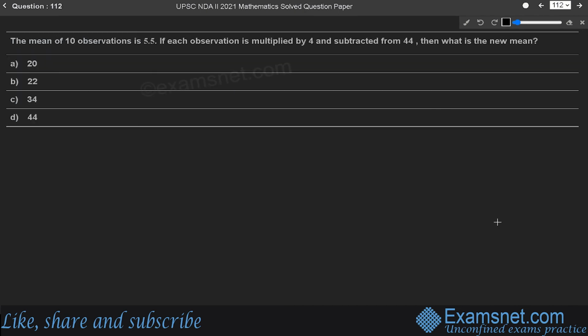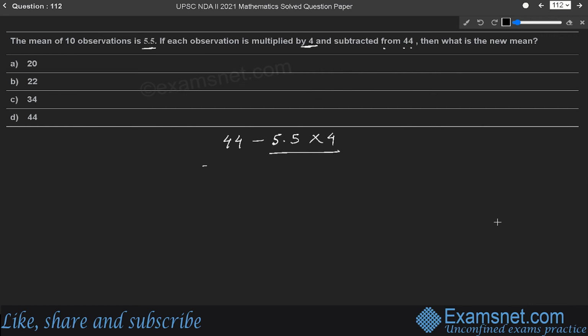Next question is, the mean of 10 observations is 5.5. If each observation is multiplied by 4 and subtracted from 44, then what is the new mean? It is a very simple question. It is given that the mean of 10 observations is 5.5, and if each observation is multiplied by 4, means the mean is multiplied by 4 and subtracted from 44, means this particular term is subtracted from 44, then what is the new mean?